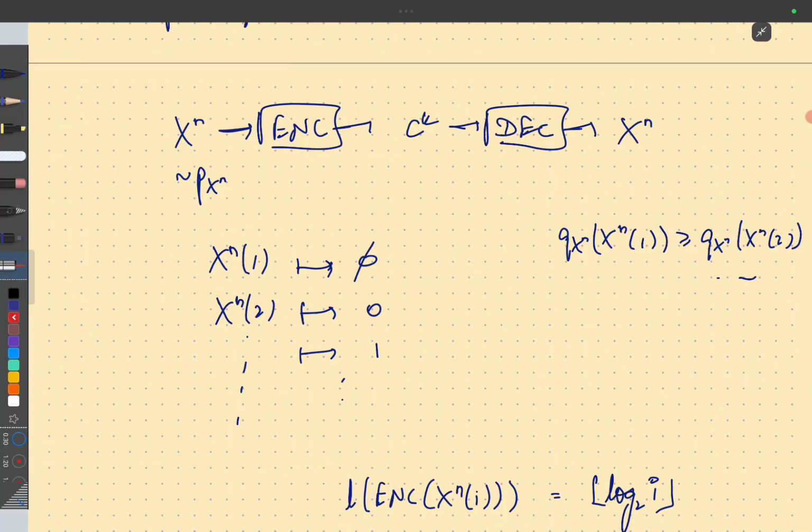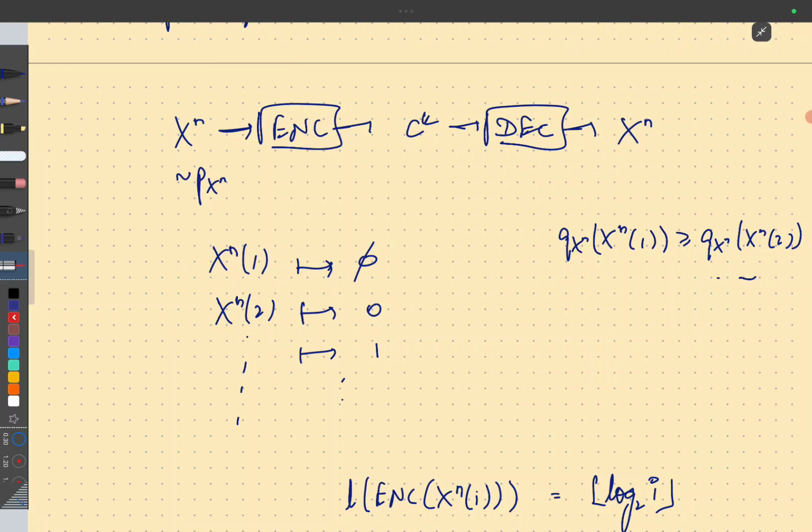So in the end, what does the scheme look like? I have this table of sequences, in some order, it doesn't matter what order it is. The first symbol gets mapped to the empty string, the second symbol gets mapped to bit 0, and so on. In fact, any compression scheme can be represented in this particular fashion.